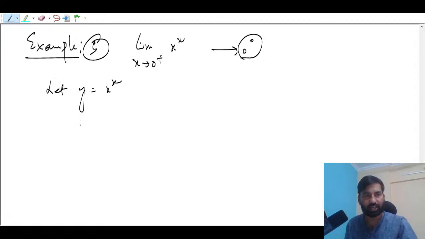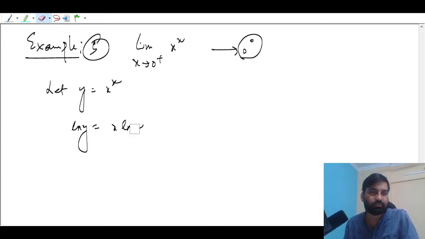So this is nothing but ln y equals x ln x, right? Now we have already done x ln x, right? What is x ln x? That is nothing but 0, right? You can solve this part. Okay, now apply the limit.